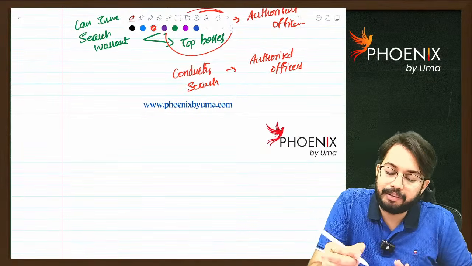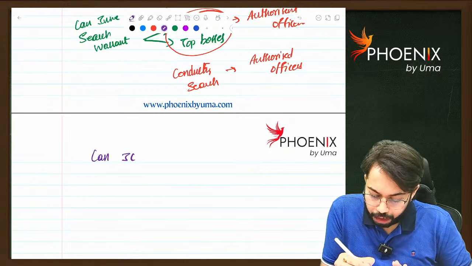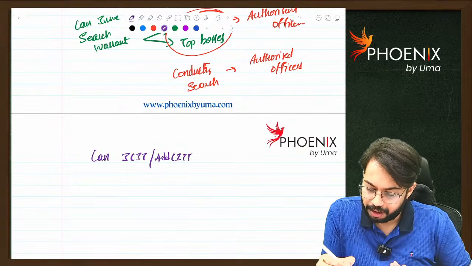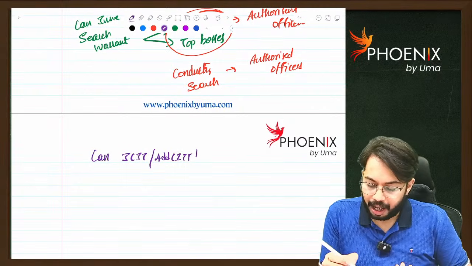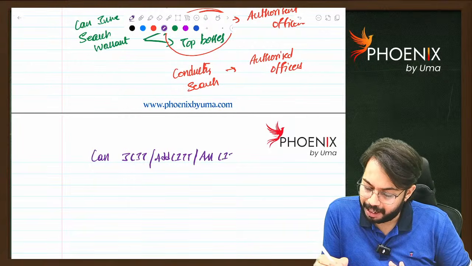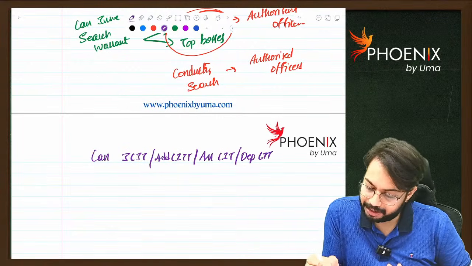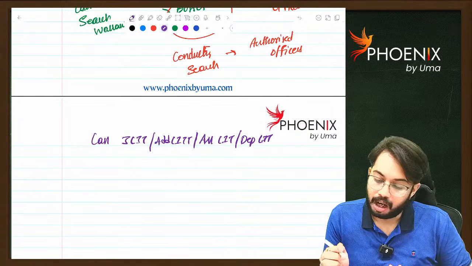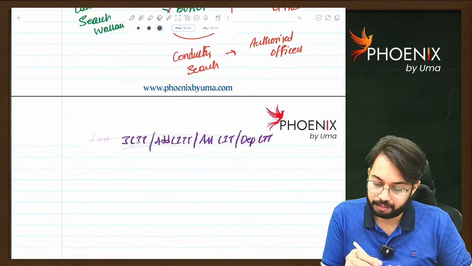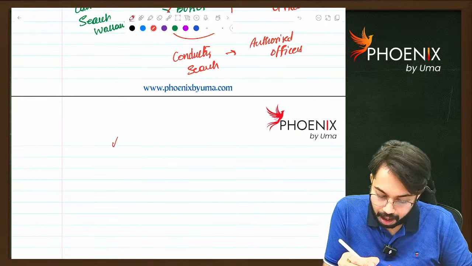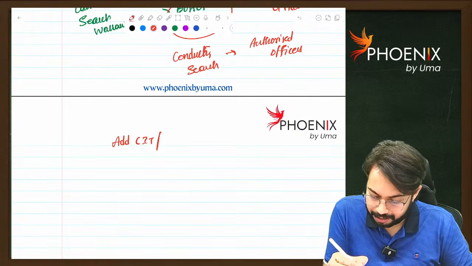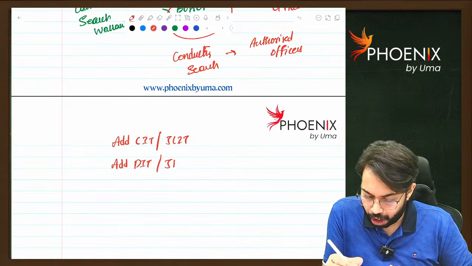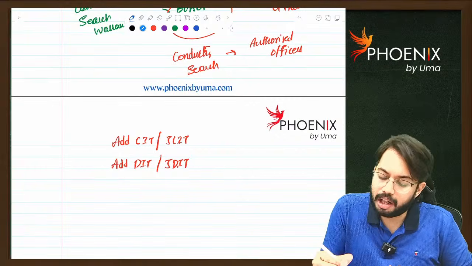Sir, can additional commissioner of income tax, joint commissioner of income tax, additional director of income tax, joint director of income tax also issue it?